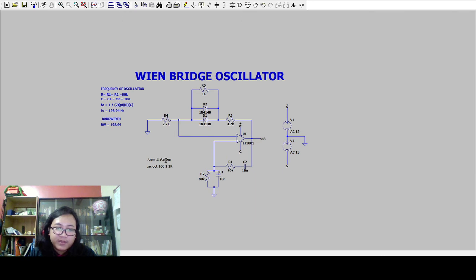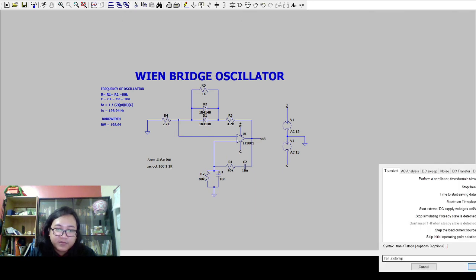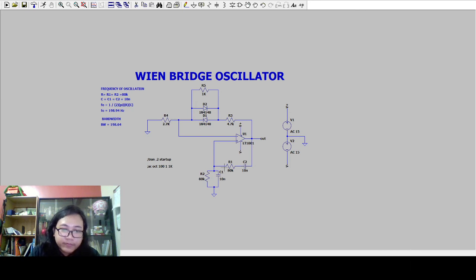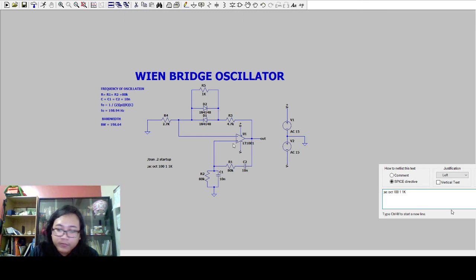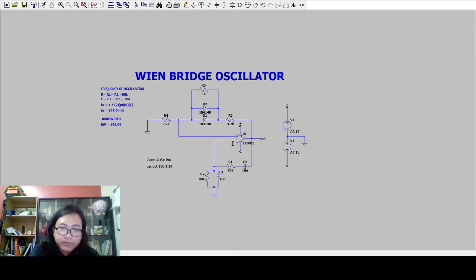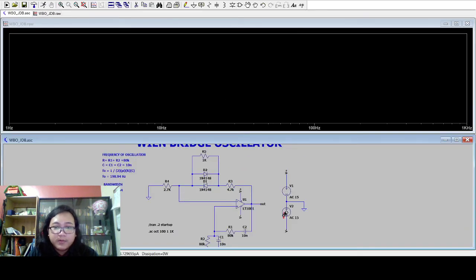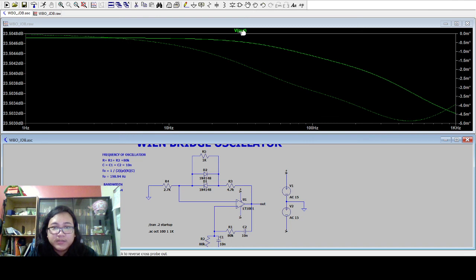Then we could simulate it through AC voltage. Just run, click to the output, and we will see.